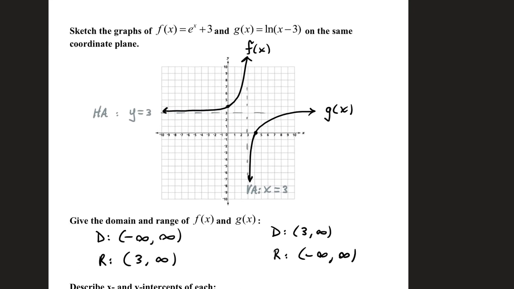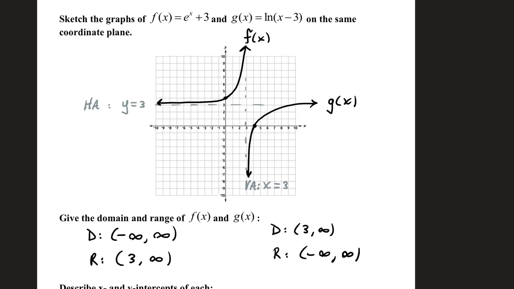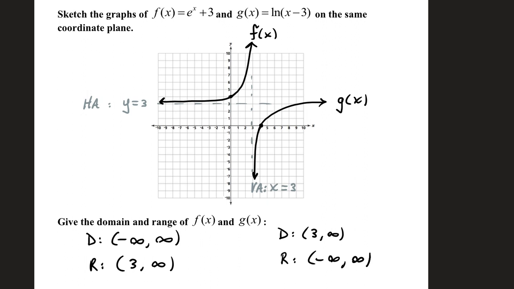Very similar example, we're going to use the function e to the x plus 3 for our exponential example, and natural log of x minus 3 as its inverse function. A base number of e and a natural log, that's a log base e, will be inverses of one another.